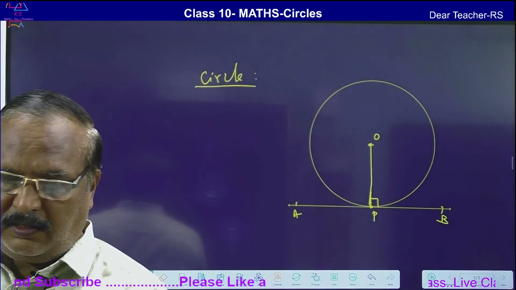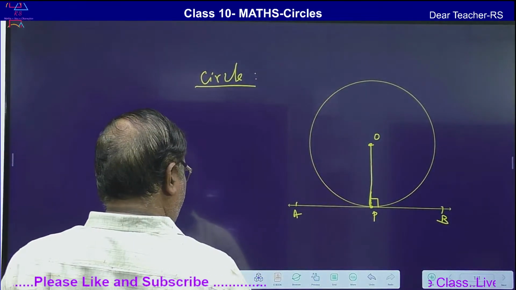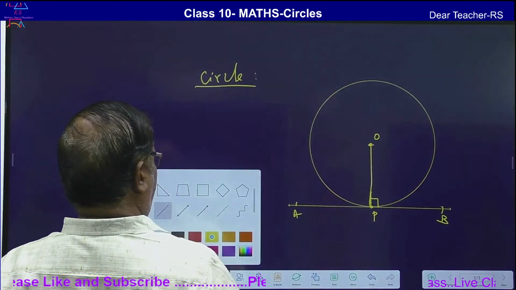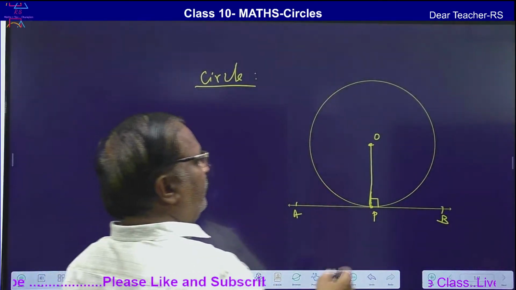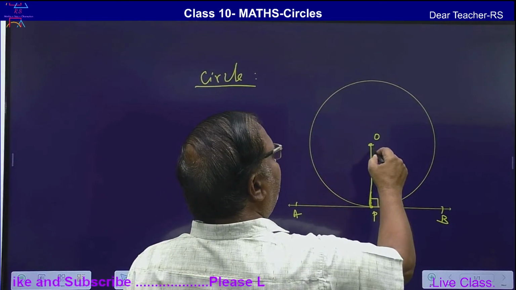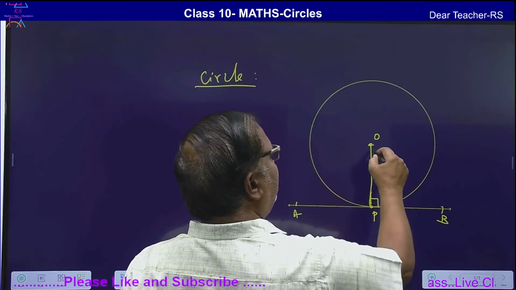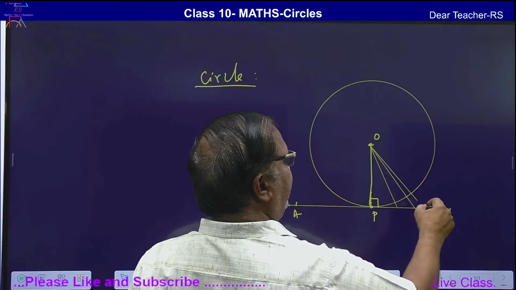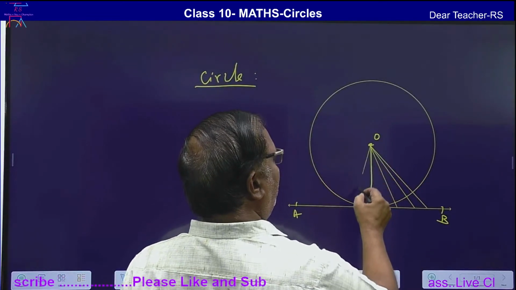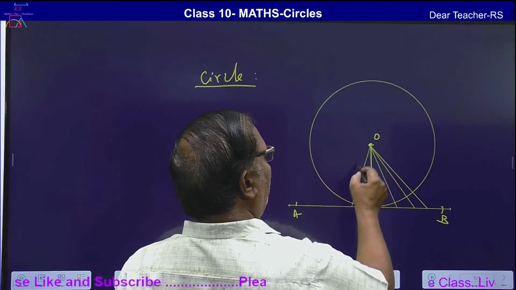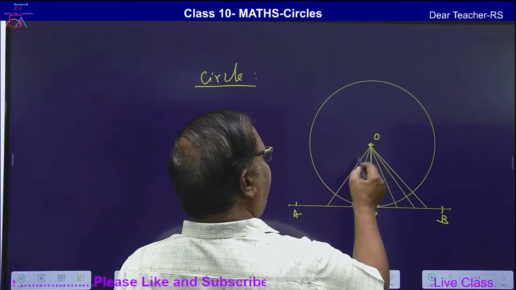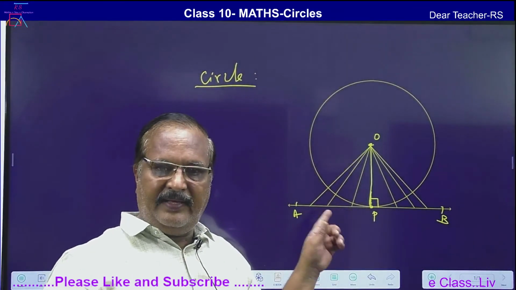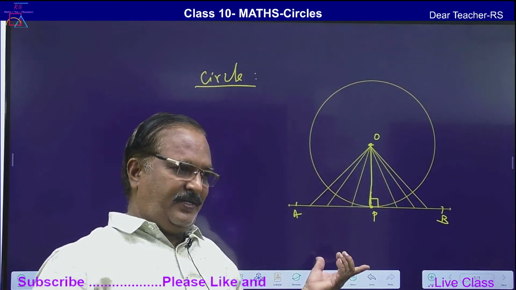Okay. Let us take a few more lines. Okay. I will take a line segment. From O, I will take one more line. Not one more, many lines. These are the lines I am taking from O. So you can take as many lines as possible, because the tangent is also a set of points.